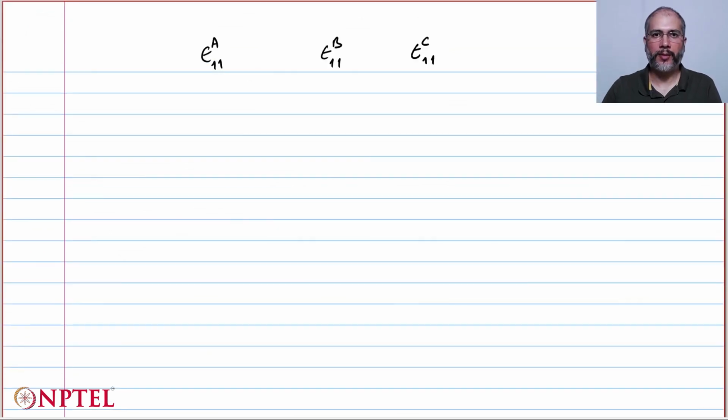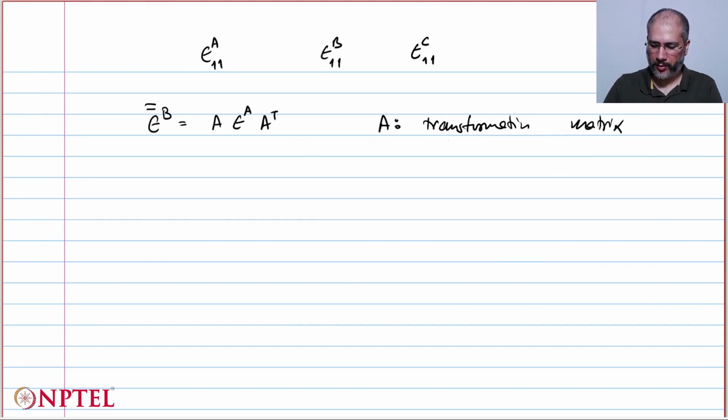then from my tensor transformation property, I know that epsilon B tensor is A epsilon A times A transpose, where A is the transformation matrix, which is obtained by a theta rotation of the axis about the x3 axis.